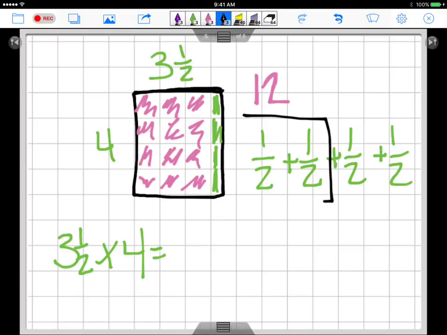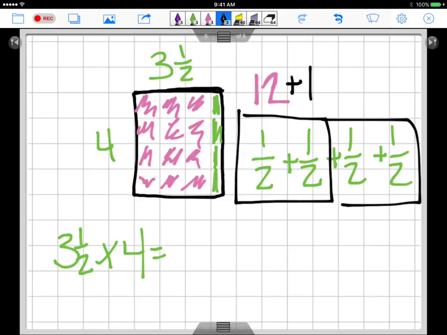So in this case, these 2 equal 1, so plus 1, and these 2 equal 1, plus 1. 12 plus 1 is 13, plus 1 is 14. So your expression is 3.5 times 4 equals 14.